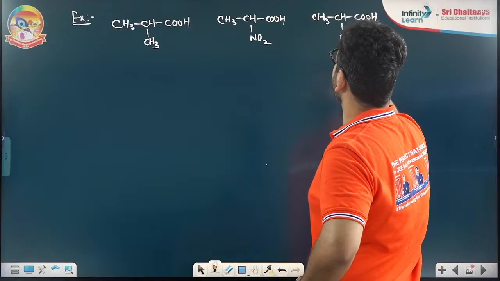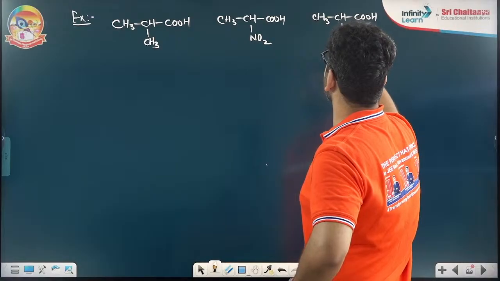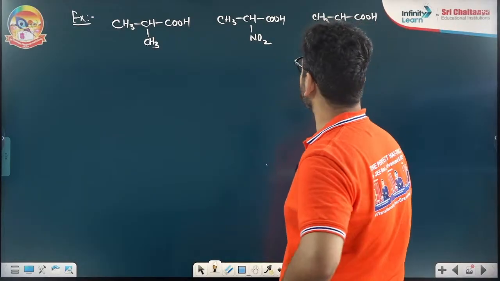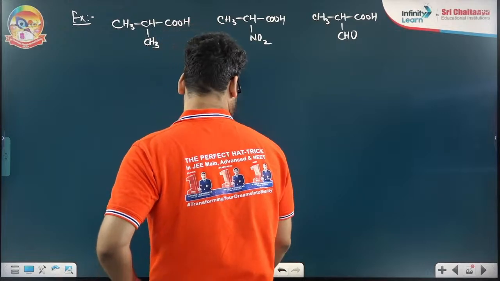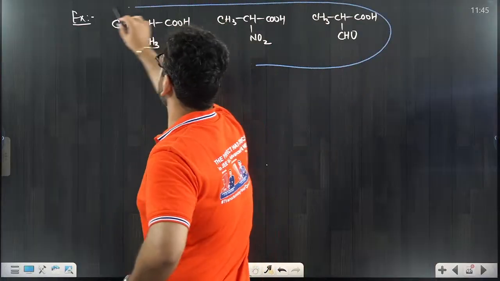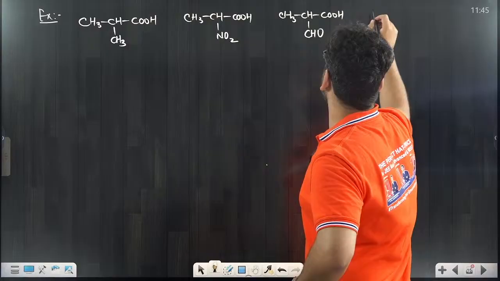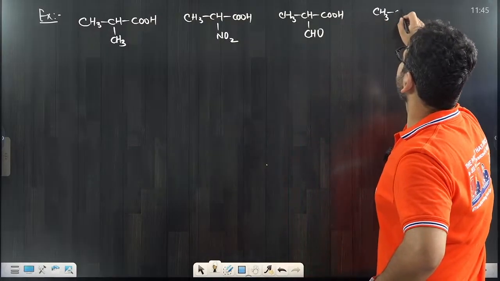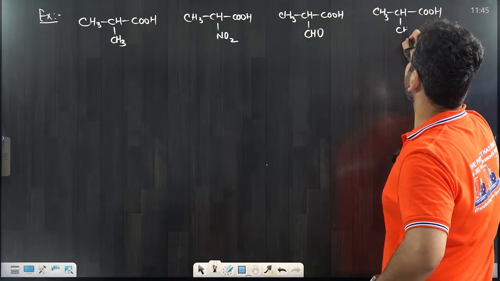Here a CHO is attached. These are the groups attached. And one more I'll take here: CH3, CH, COOH, and here I am attaching a tertiary butyl group.